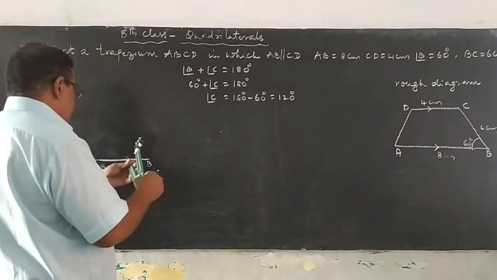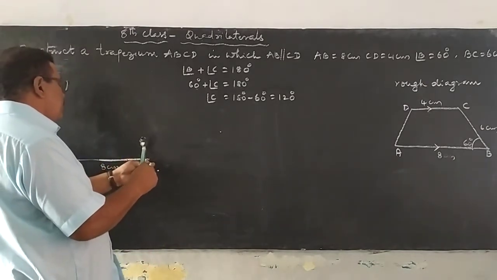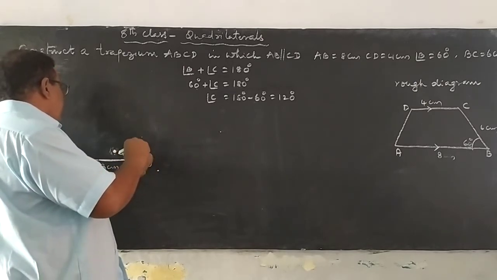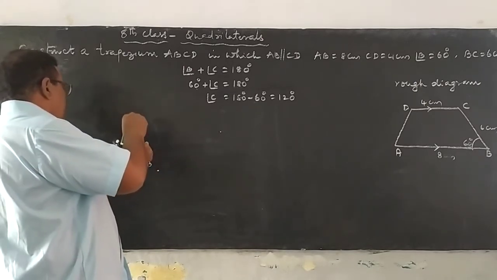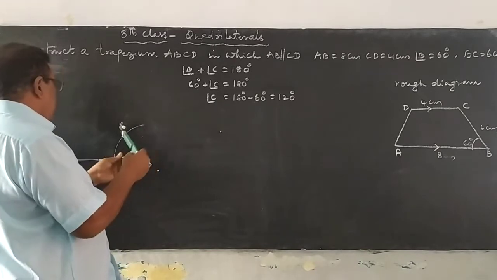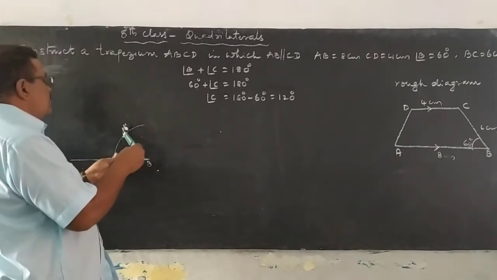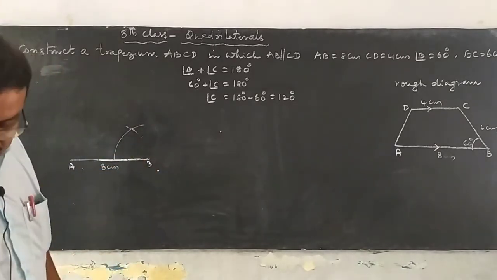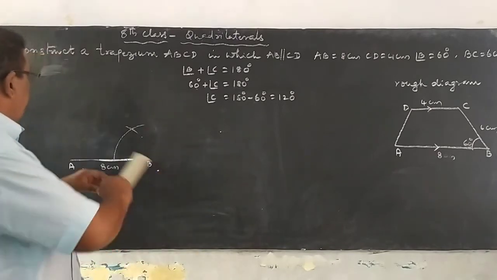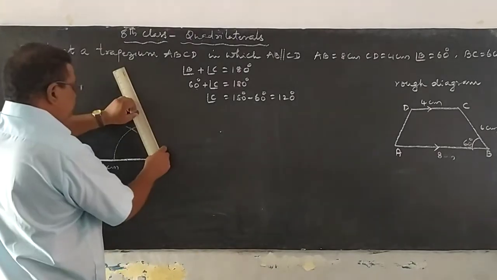Draw a ray BX once again, with some convenient radius, draw an arc like this. From here onwards with the same radius cut this one, 60 degrees, draw a ray BX making an angle.